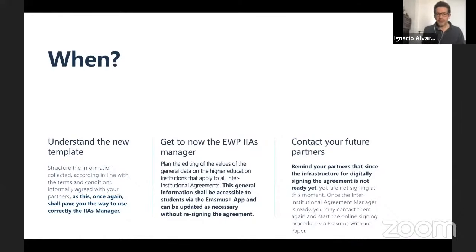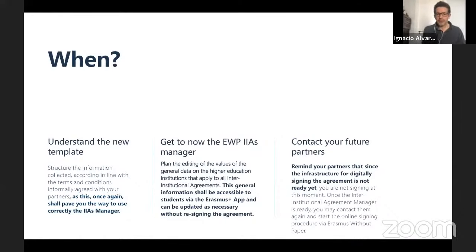Because at the beginning, I told you to contact your future partners, as you see, the third golden rule in getting prepared from the angle, not of the tools that the Commission is asking us to use, but from the angle of our position towards the Erasmus program, our position as an institution.